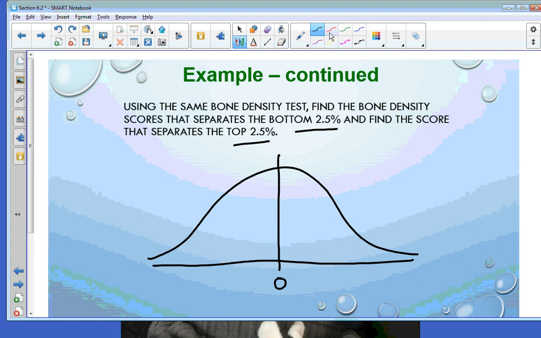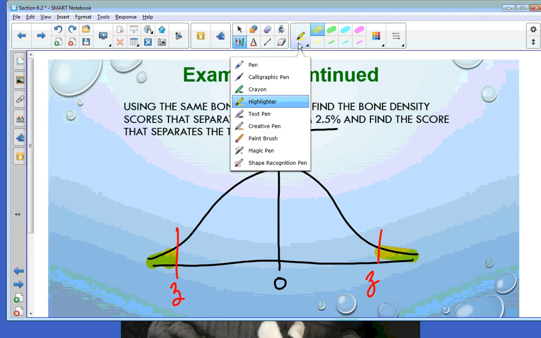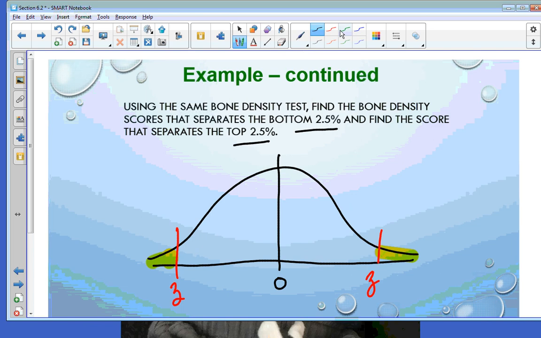Well, 2.5% isn't a whole lot. It's very small, so we're going to put some z, that's what we're finding, and some z here, remembering that my area, this little bit and this little bit, is 2.5%.